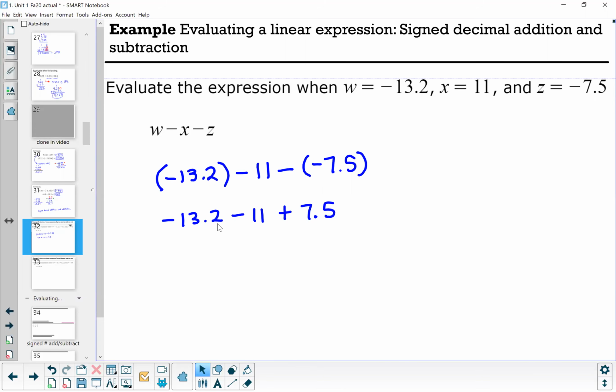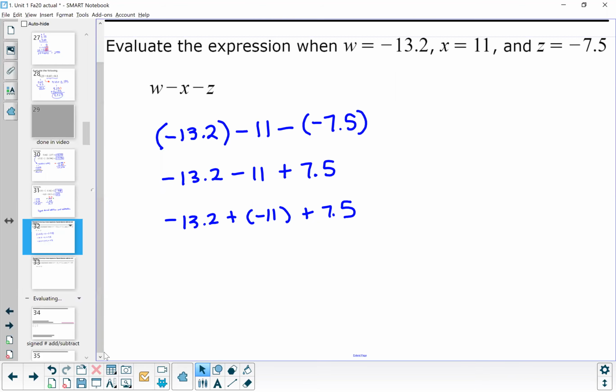You can also rewrite this as minus 13.2 plus negative 11 plus 7.5. You don't have to, but writing this as an addition question, I can see here, I can combine my negative numbers together before I then do the positive. That's convenient to me. So I'm going to combine the negative 13.2 and 11.